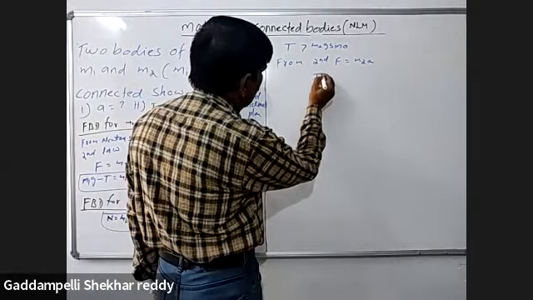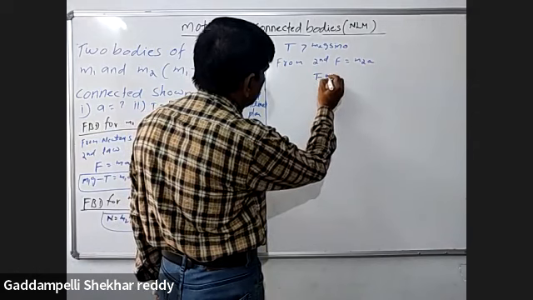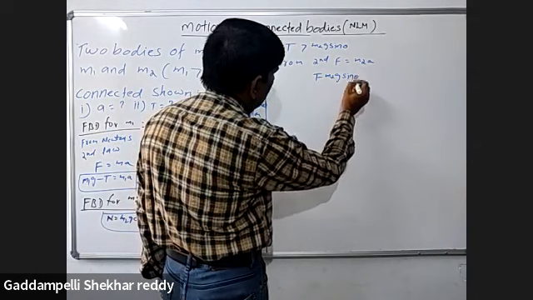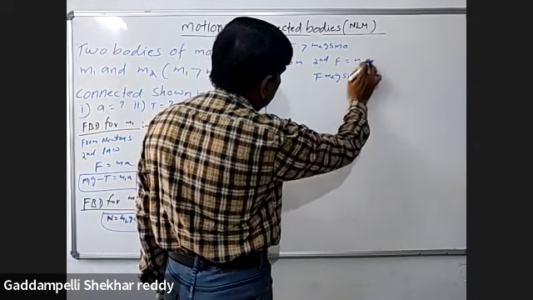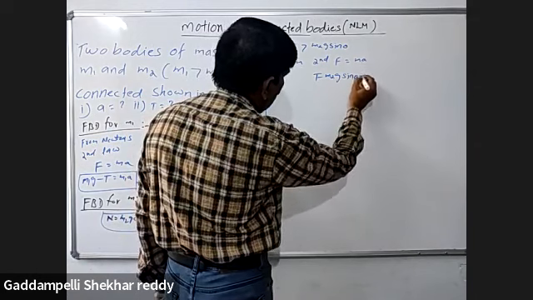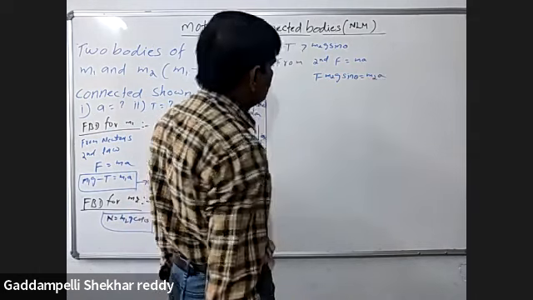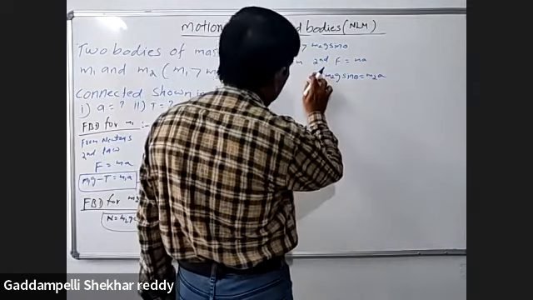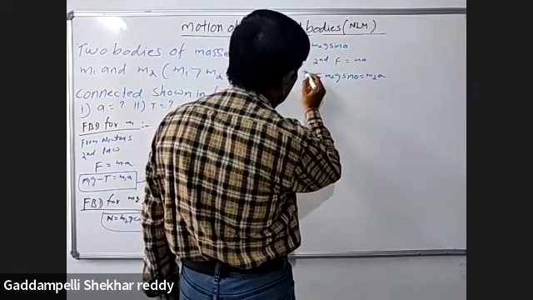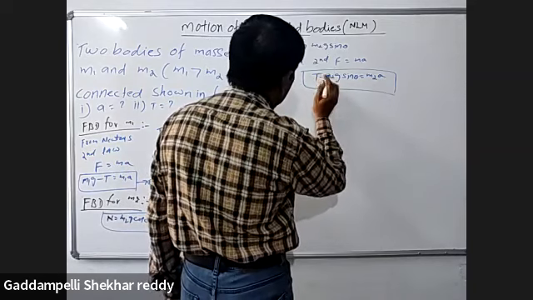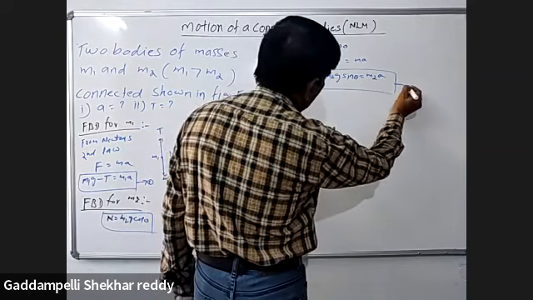So we write T minus M2G sin theta equals M2 into acceleration. This is equation 2.